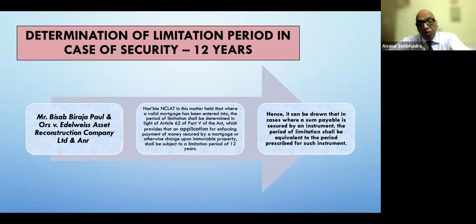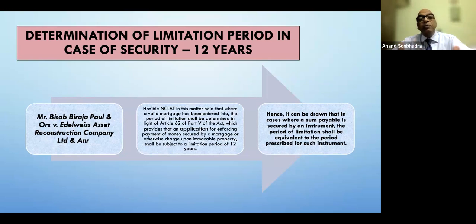So we can safely draw that whatever instrument is made for that security, we can look at the corresponding description of suit in the schedule and generally and safely adhere to the time period which is allowed for that kind of security or instrument. Here in this case, it's a mortgage of immovable property, and we have seen under Article 62 that a 12-year period is the limitation period.